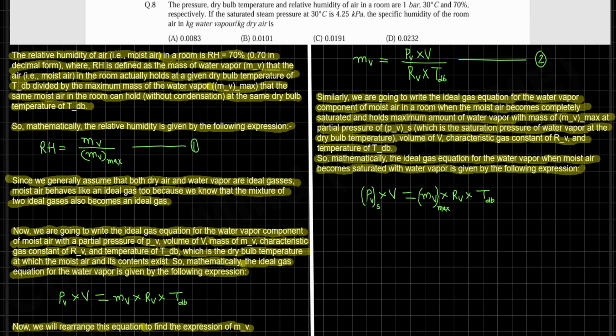What this ideal gas equation represents is that when moisture holds the maximum amount of water vapor at a given dry bulb temperature, the partial pressure of water vapor becomes the saturation pressure of the water vapor or steam at the same dry bulb temperature.